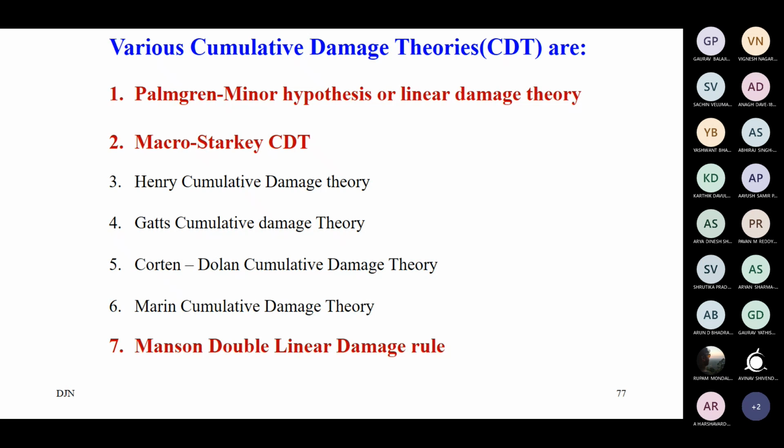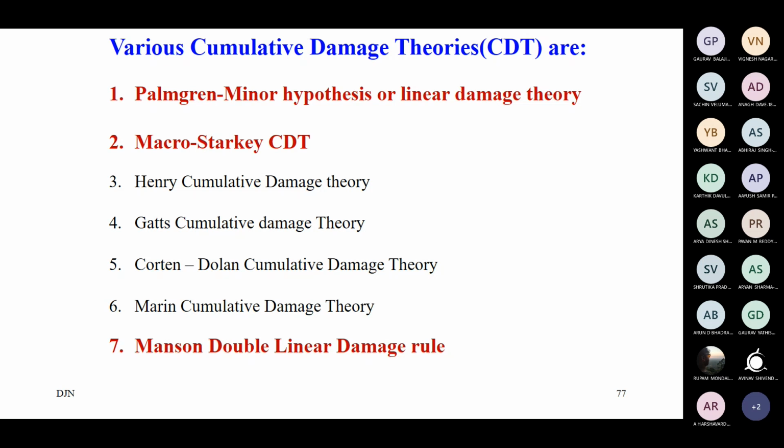For constant amplitude you can determine how much damage accumulates with every cycle. If you have variable amplitude, with different load cycles and different magnitudes of loads, then you can predict how much damage is going to occur in a material with every type of pattern.